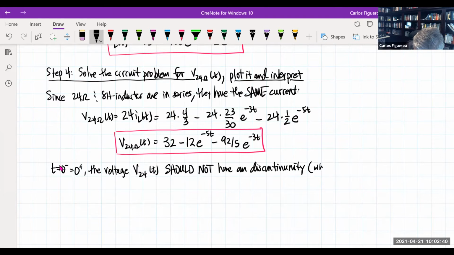And the reason, of course, is because IL of 0 minus must be the same as IL at 0 plus.